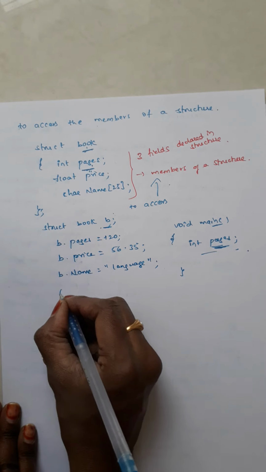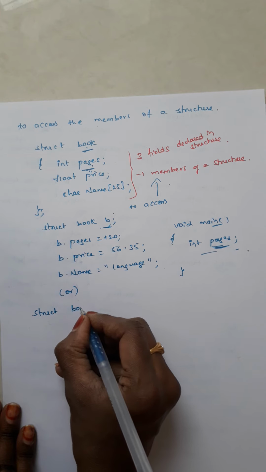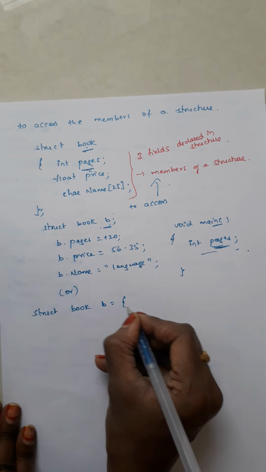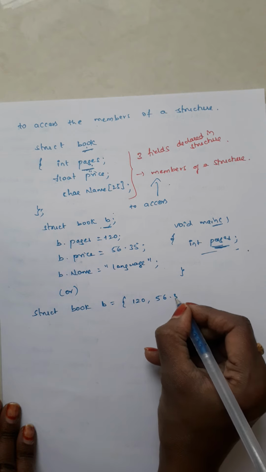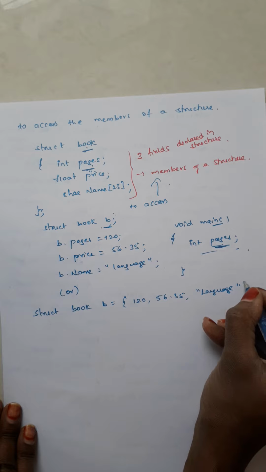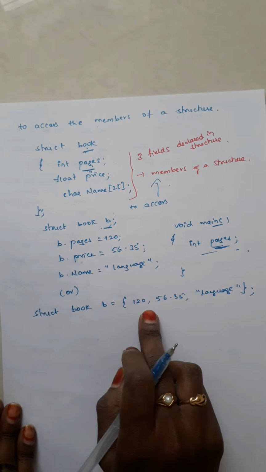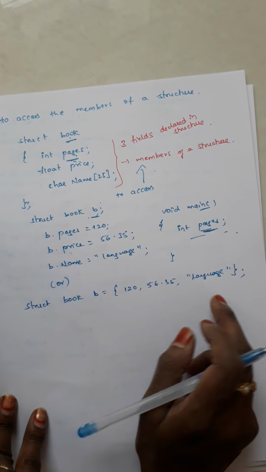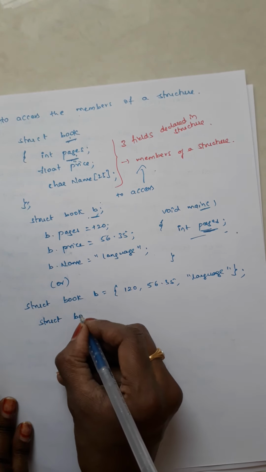Or else we can also write struct book b equals, so what are the pages, next price and next name of the book. In the same order in which we declare the variables, we assign the values. Not only one variable, we can assign any number of variables to the structure also.